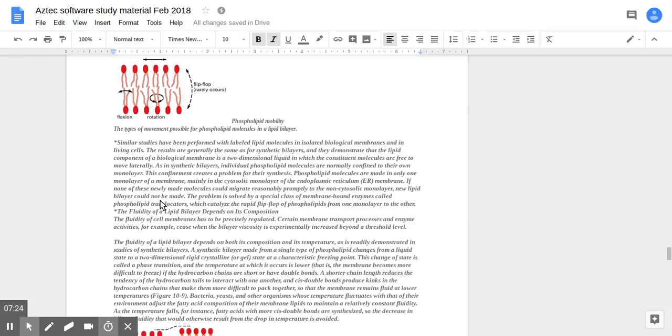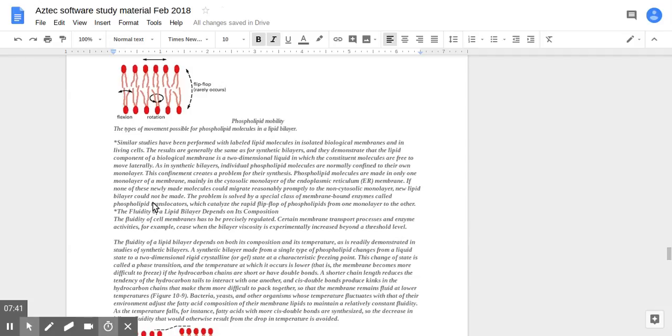For example, if none of these newly made molecules could migrate reasonably promptly to the non-cytosolic monolayer, new lipid bilayers could not be made.